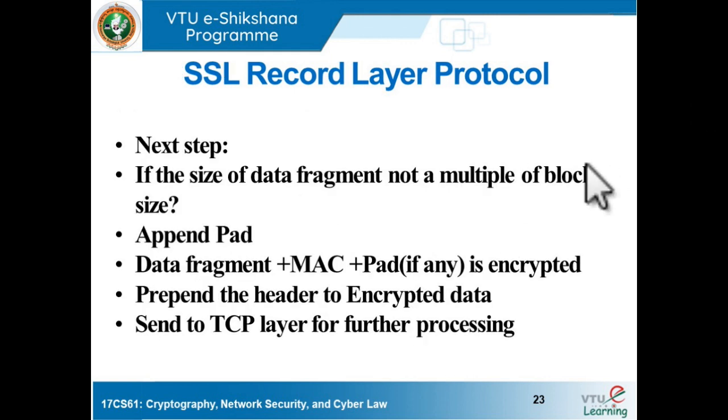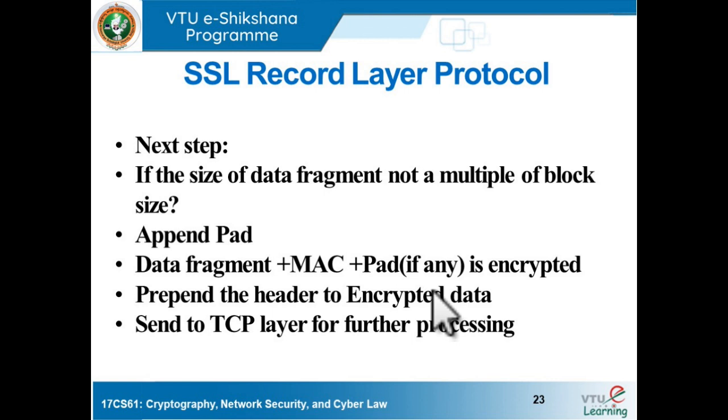The next question is, what if the size of the data fragment is not a multiple of the block size? Obviously, when it is not a multiple of the required block size, we append bits to the data fragment so that it becomes a multiple of the block size.